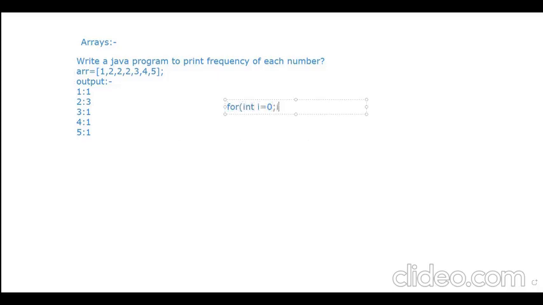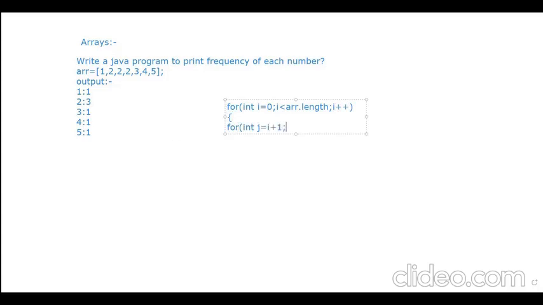Int i is equal to 0, i less than array dot length. Array dot length gives the size of an array, and I am incrementing i. Now I am taking another for loop, the j loop. j is equal to i plus 1.